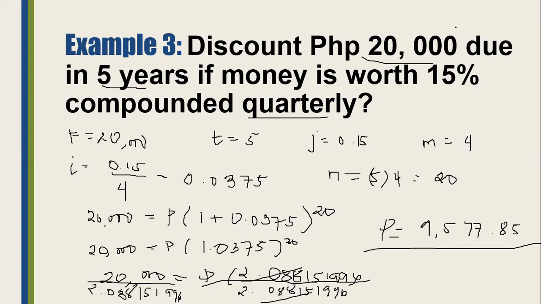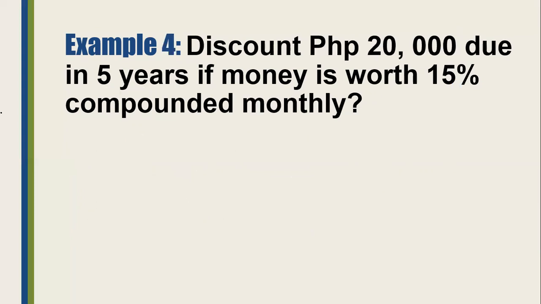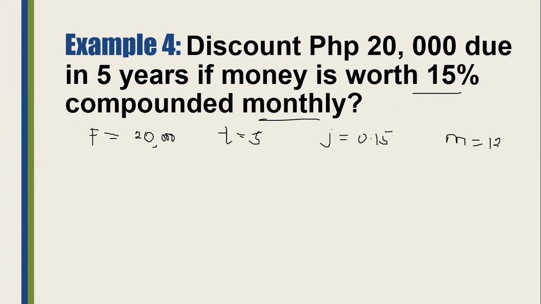That is why it became 20,000 after 5 years with a rate of 15%. Next, example number 4, discount 20,000 due in 5 years. So F is 20,000 again. 5 years is our time. 15% is the J, so 0.15. And then compounded monthly, M is 12.